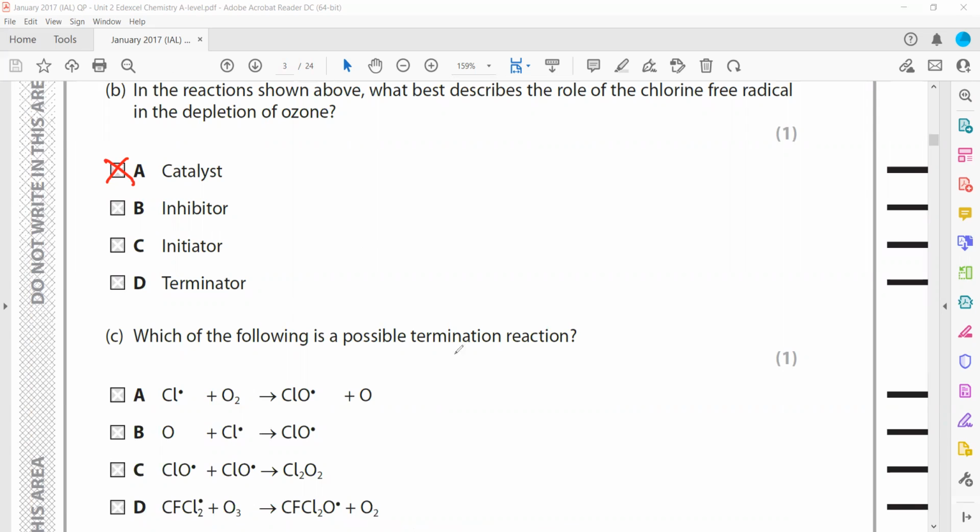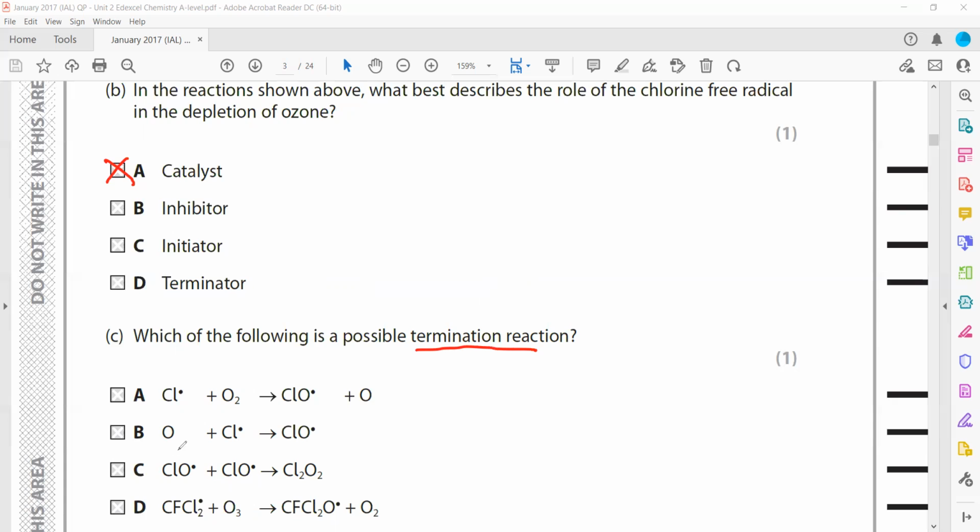Then which of the following is a possible termination reaction? In a termination reaction, what happens? Free radicals react to form a molecule. So which equation involves two free radicals forming a molecule?